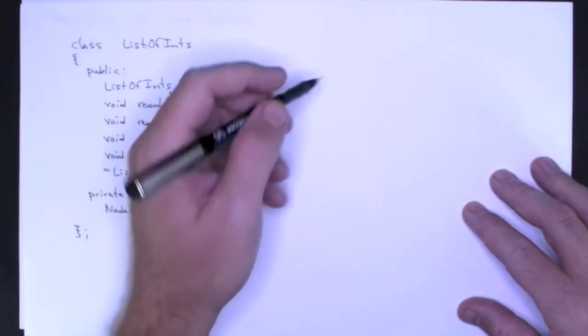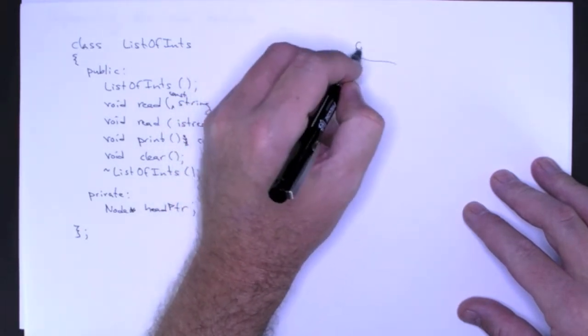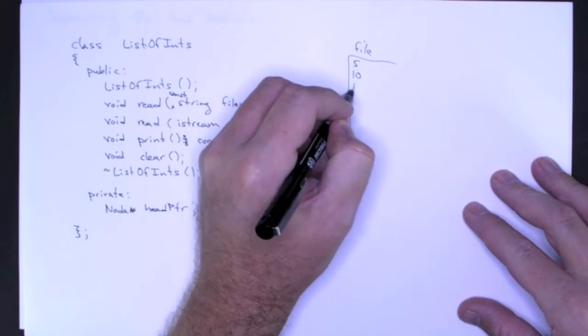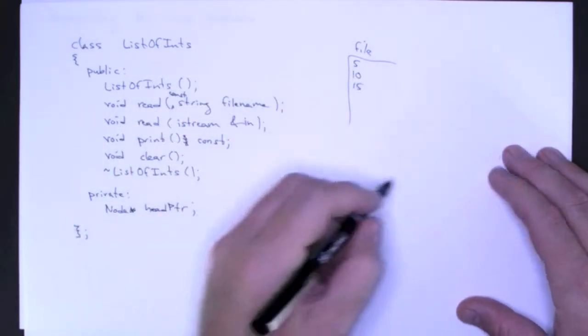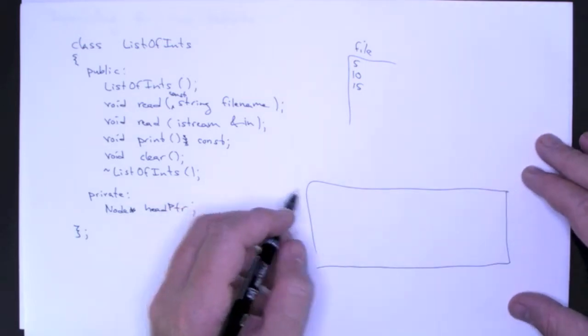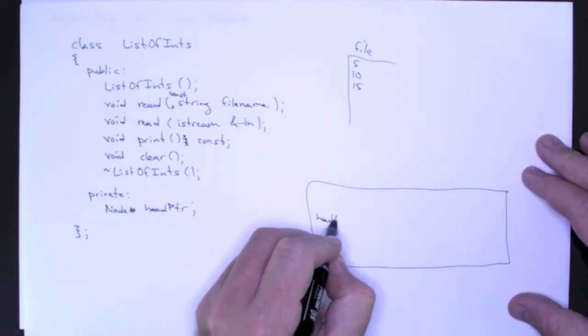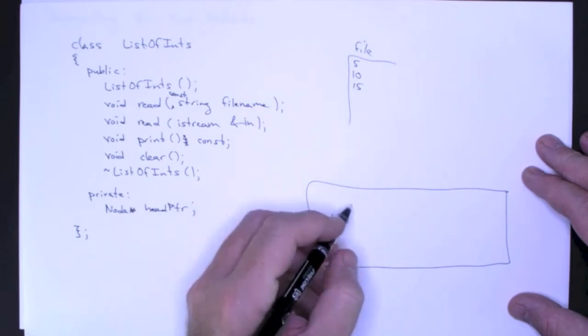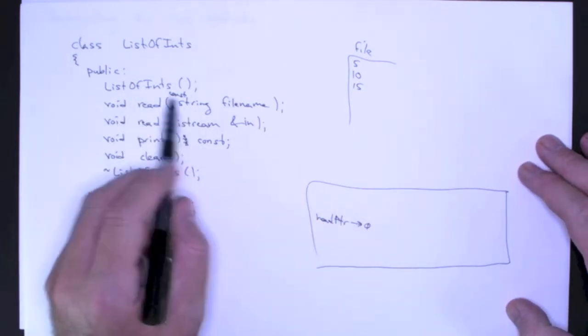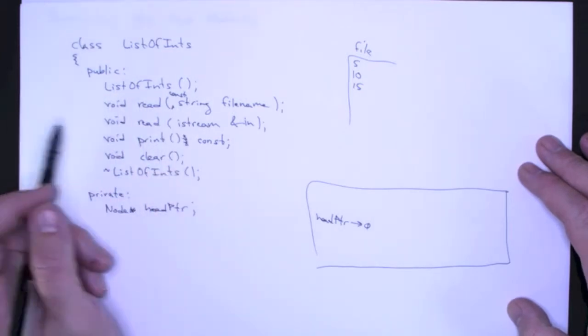What's going to happen is, if I have some file with some integers in it, then I want to create the linked list that looks something like this. I'm going to have head pointer, and initially head pointer is going to point to null because of my default constructor.